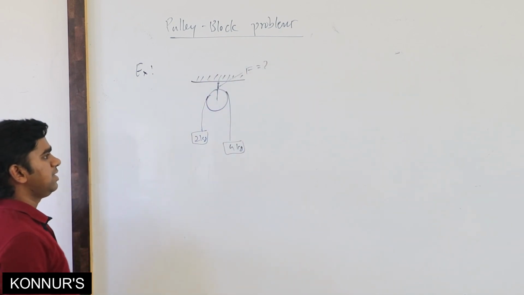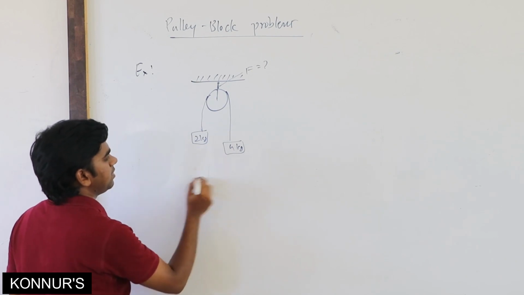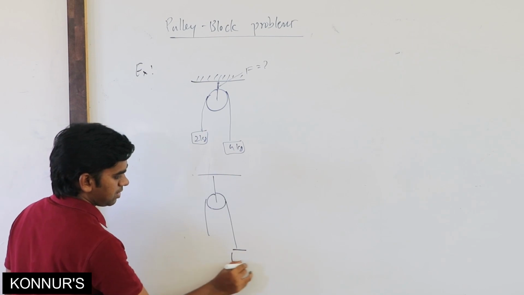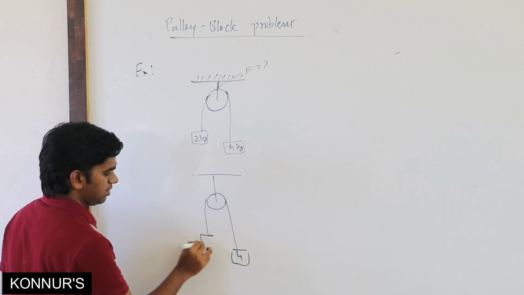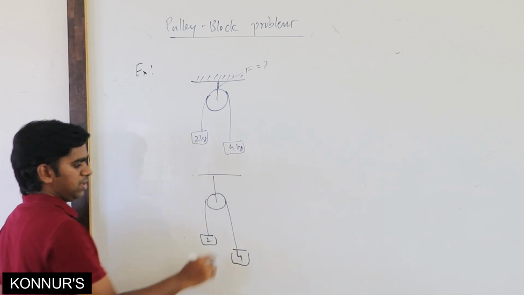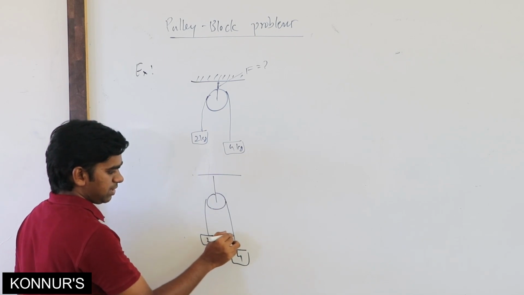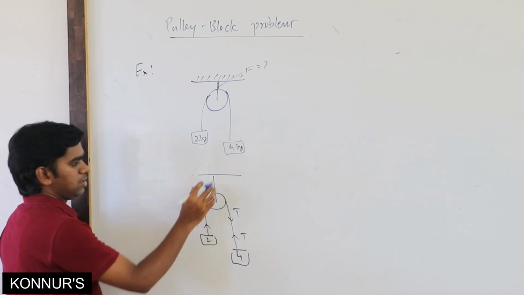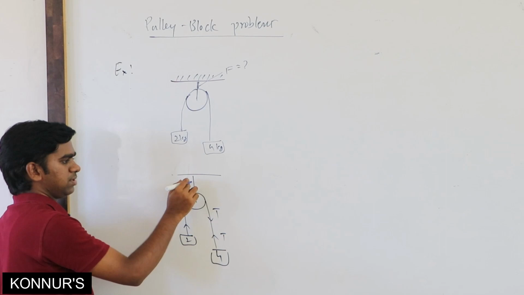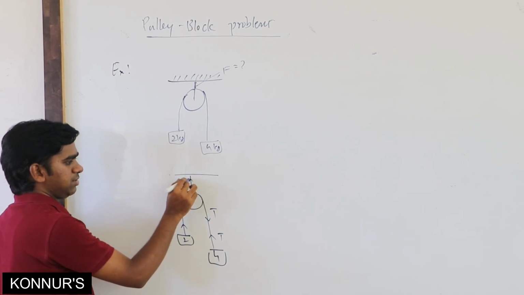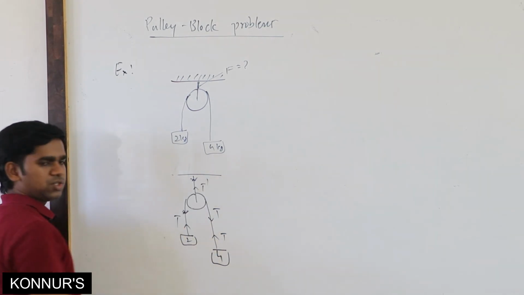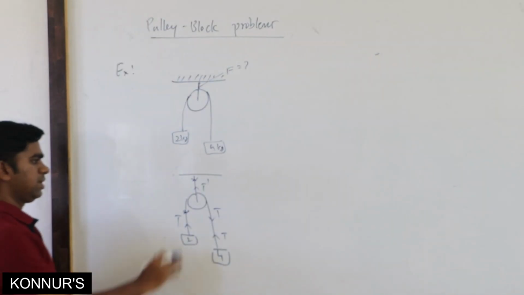So if I redraw it, here you have mass 4 kg, here you have mass 2 kg. So tension will come here in the upward direction. So T is there here. What is the tension in this one? You can take it as T dash.